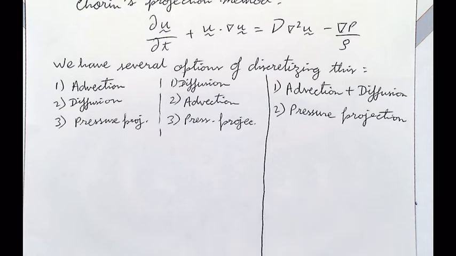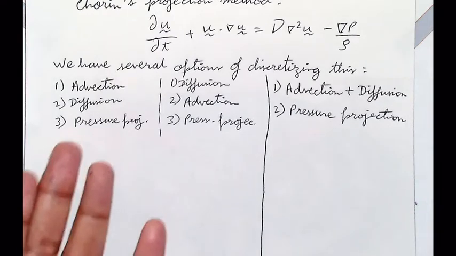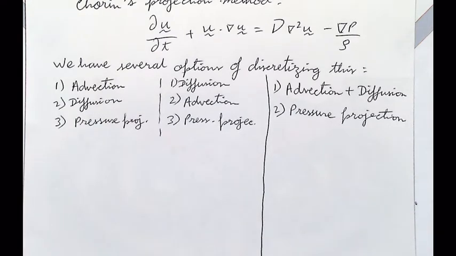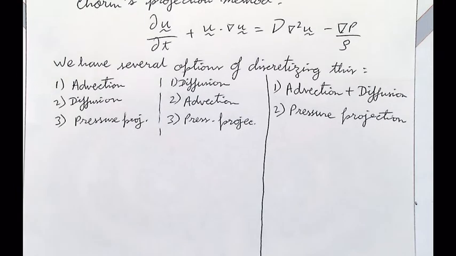So why don't we follow this method all the time? You might have an advantage in discretizing advection and diffusion differently. For instance, you might want to do explicit time integration for advection.